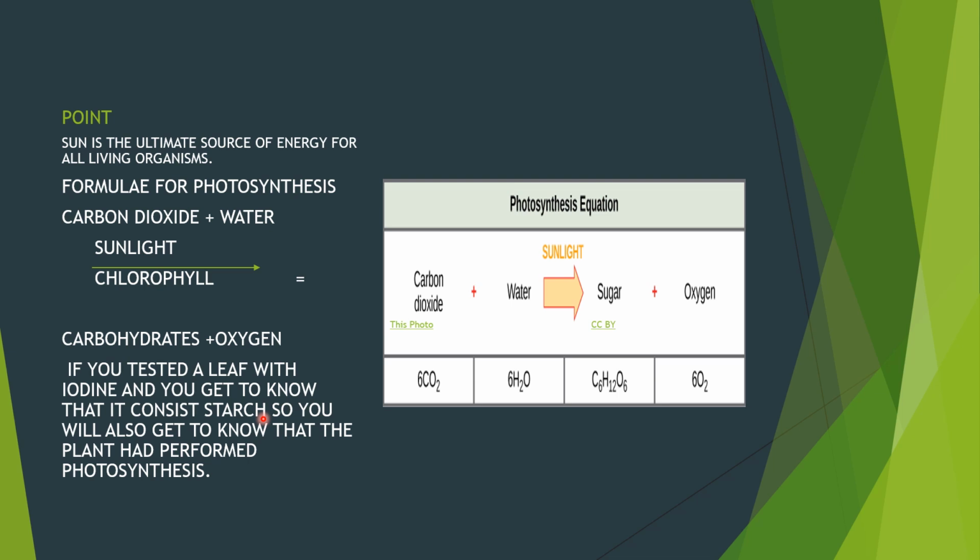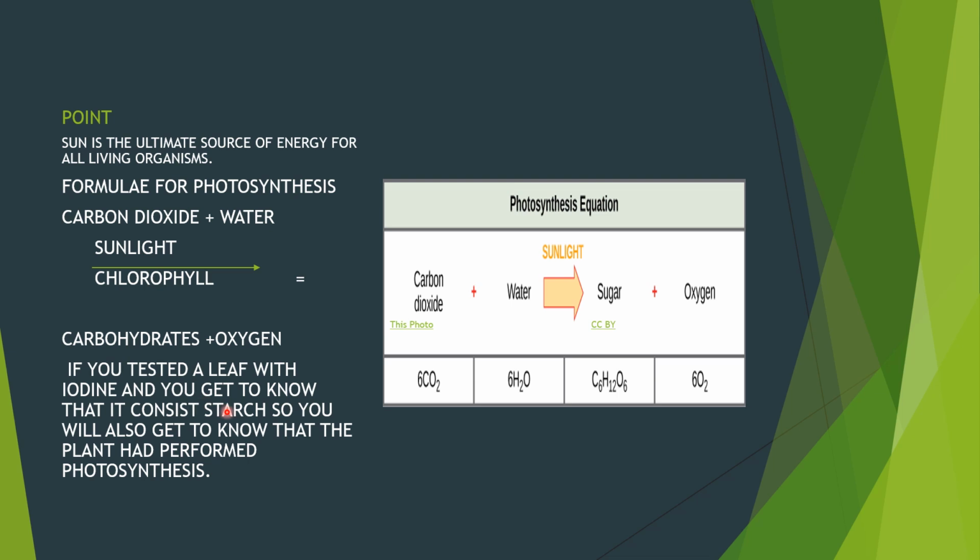We are doing this process to make the leaf very loose, because if the leaf has plant cells or chlorophyll, it would not allow the iodine to pass through it. And then when this whole process of boiling in ethanol and water is done, we have to add iodine on it.